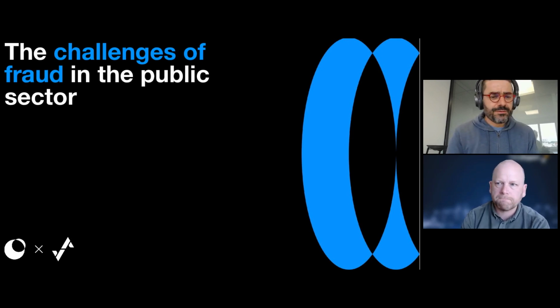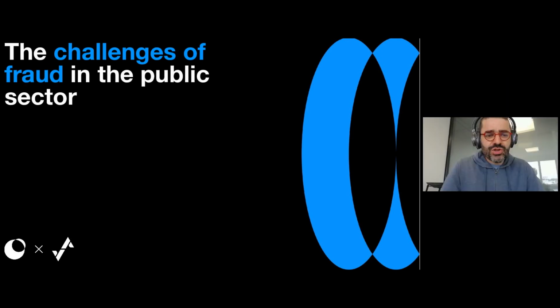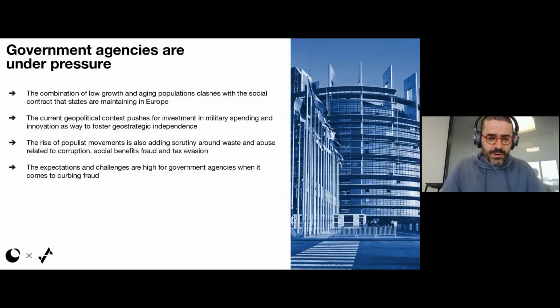So to kick things off, I'd like to talk a little bit about the changes of fraud in the public sector and some current trends. First, I think it's important to note that government agencies are under a lot of pressure right now. In Europe in particular, there's a combination of low growth and aging populations, which is putting a lot of pressure on the welfare state. At the same time, there's a geopolitical context that pushes for investment in military spending and innovation as a way to foster geostrategic independence.